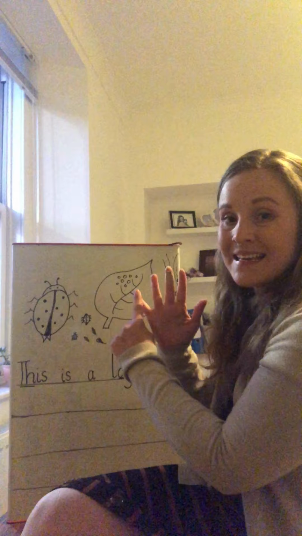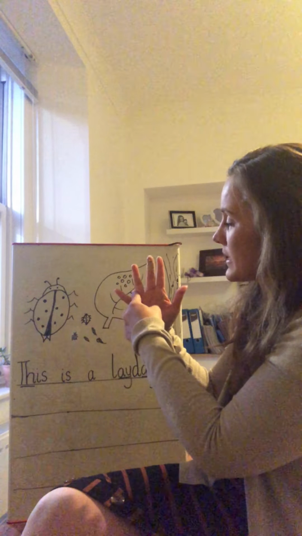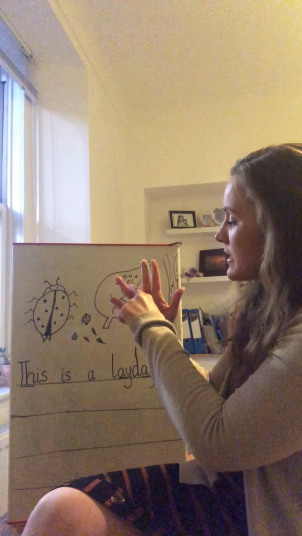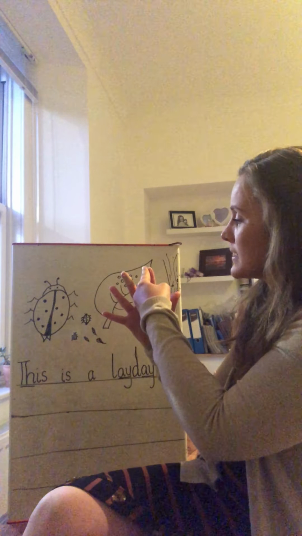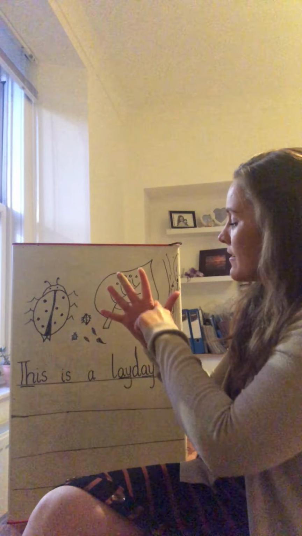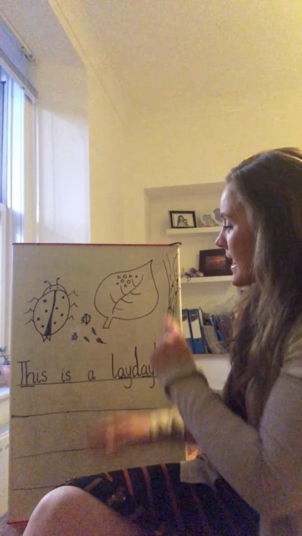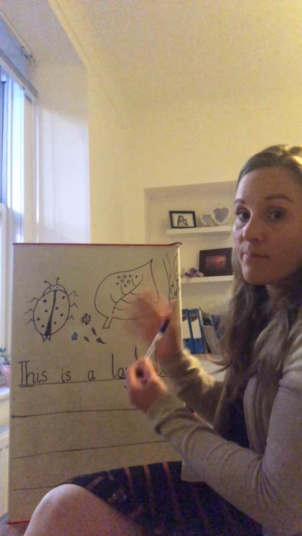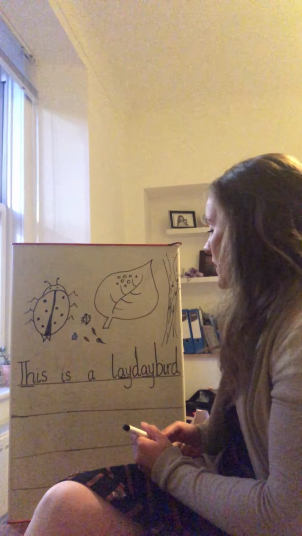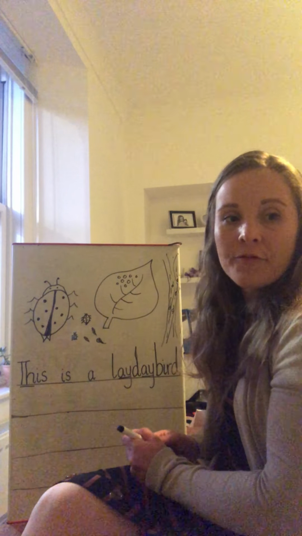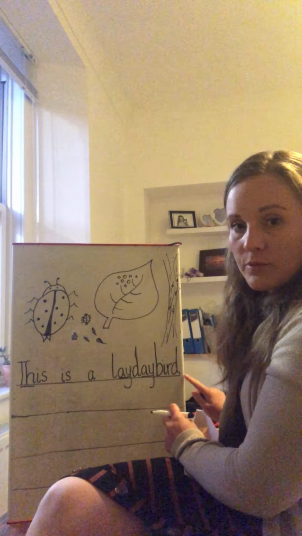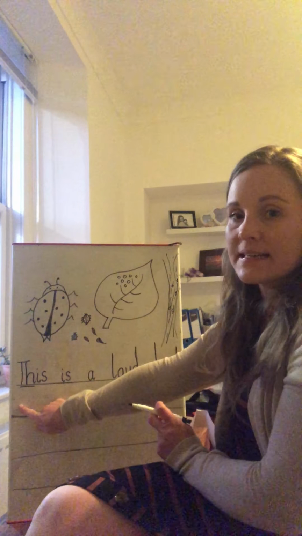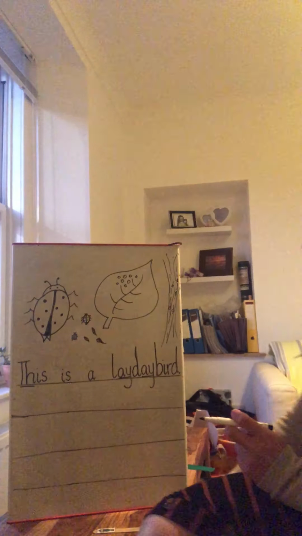And our first word is a, finger space, ladybird, finger space, lays, finger space, a, finger space, egg. And then remembering our full stop at the end. Okay, so our first word is a. I definitely don't have enough room to write an a here, so I'm going to write it down here instead. Okay, a.